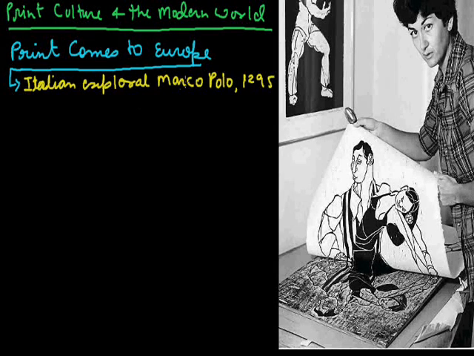It was the Italian explorer Marco Polo who came to China in the year 1295. He was a great explorer and reached Italy after several years of exploration in China.